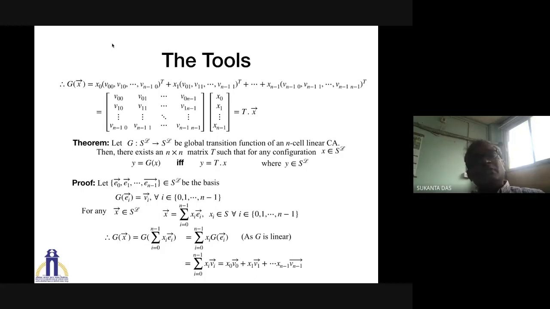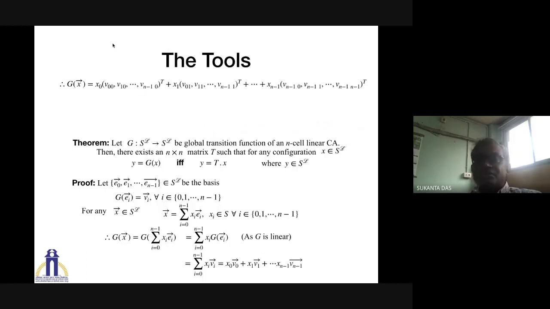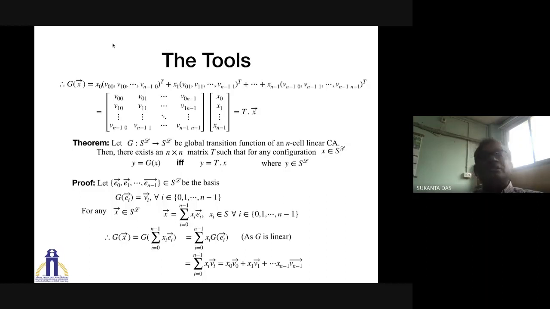What is this x0, x1, up to x(n-1)? That is my configuration, the vector x. Let us name the left hand side matrix as T. And so I get G of x vector is equal to T into x, right? That we get.